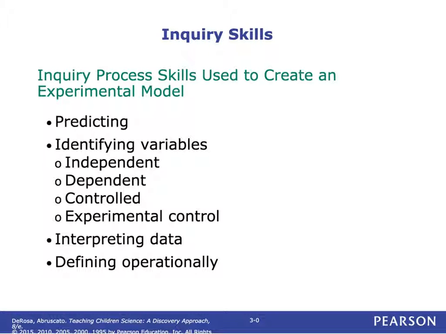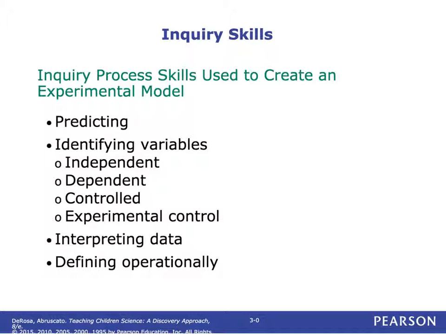It's simply one method that is used to test predictions. On the other hand, not all predictions can be tested by experiments. So when we design an experiment, a good experiment is going to have the following process skills.